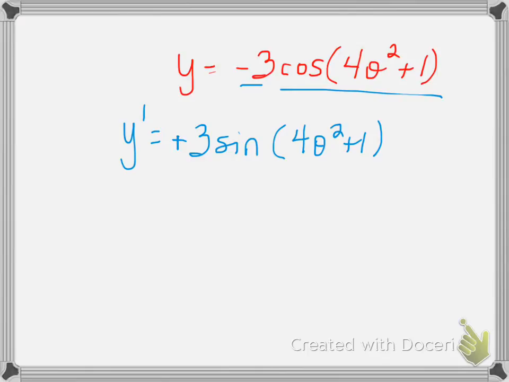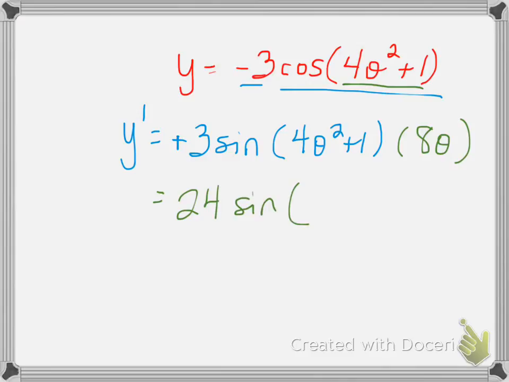So I'm basically looking at the derivative of 4 theta squared plus 1, where theta is the variable. And I would get 8 theta, because I multiplied the 2 and the 4 and then subtract 1. In this case, you can multiply the 8 and the 3 because they are not part of the sine. The 4 theta squared plus 1 is a part of the sine. You could also put the theta up here with the 24 just so it's not at the back, kind of in the way.